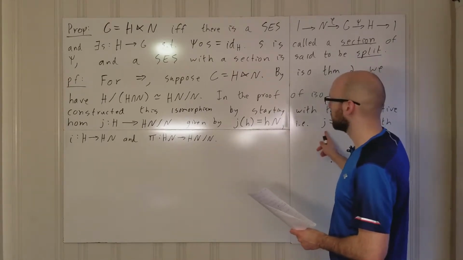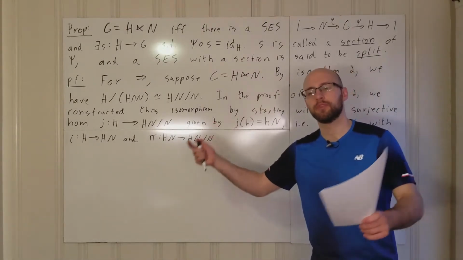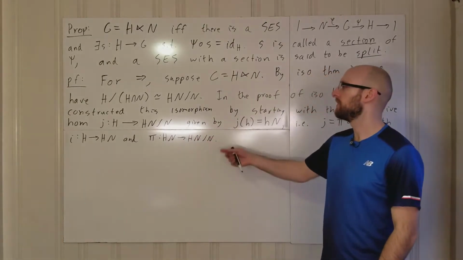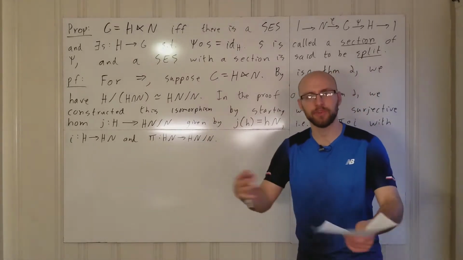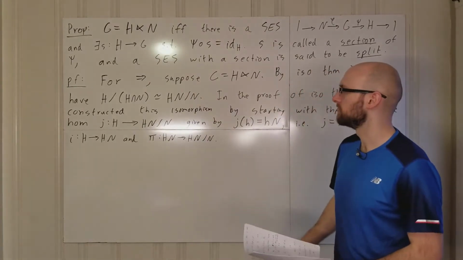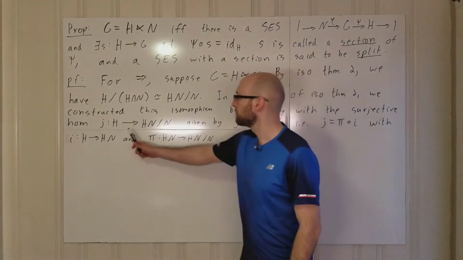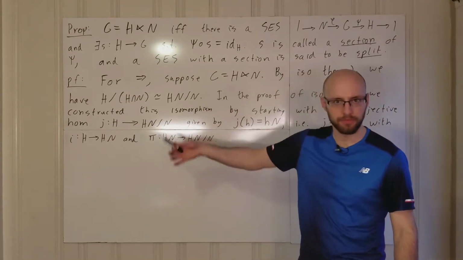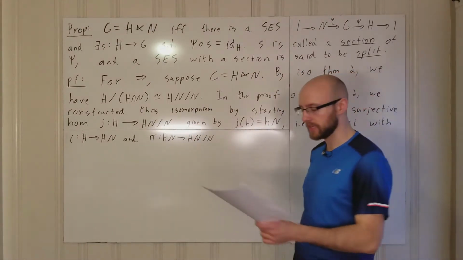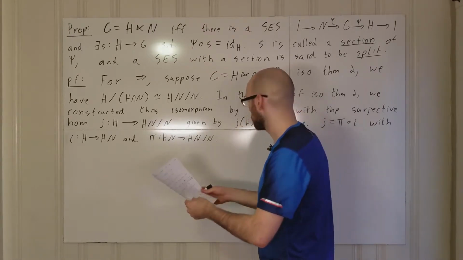The fact that we write J like this is something that we did in the isomorphism theorem too. So if you don't recall this, go back and refresh yourself on that. I don't want to go back and reprove that. But part of the second isomorphism theorem was we proved that this map gives us a homomorphism, and we proved that it's surjective.